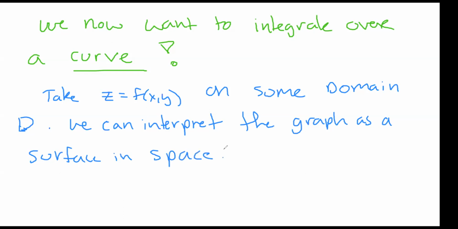In space, for example, we have our old friend z equals 1 minus x squared minus y squared. This is our paraboloid. We've graphed this numerous times. Well, we haven't done it recently, actually.